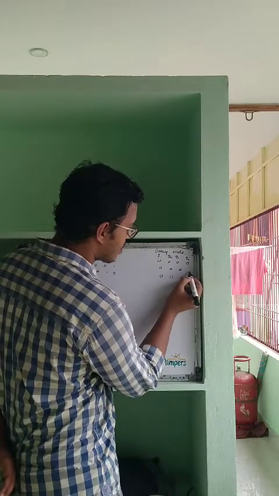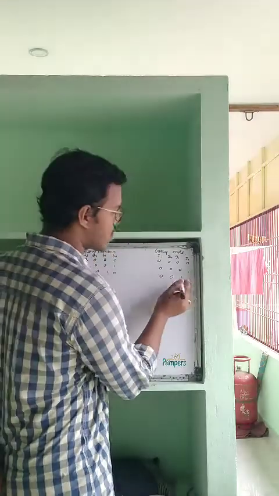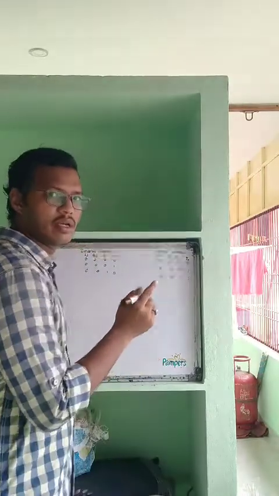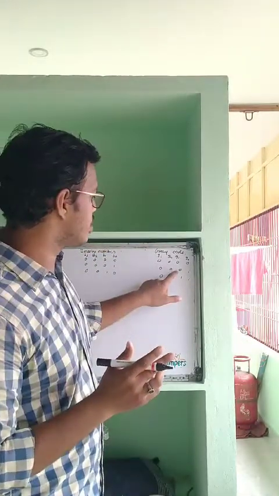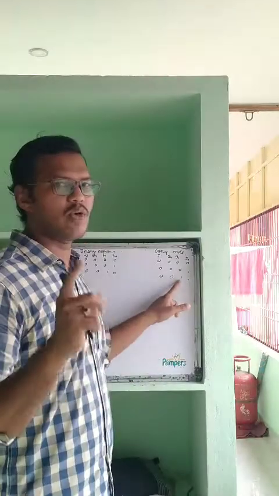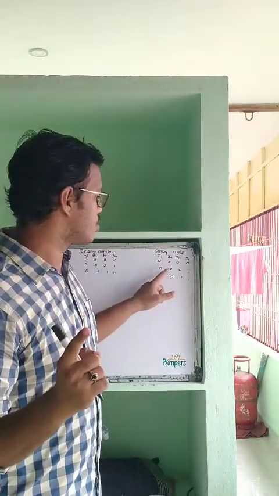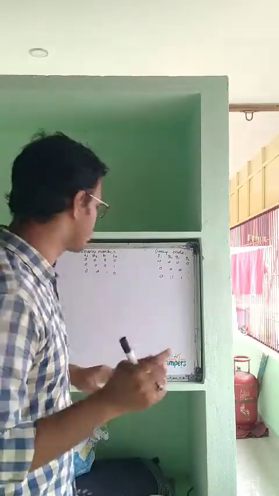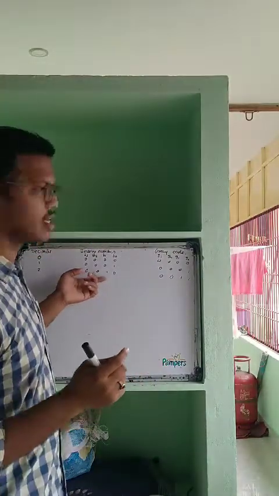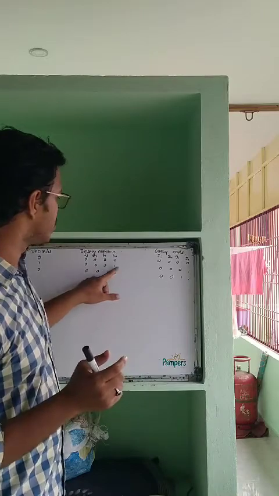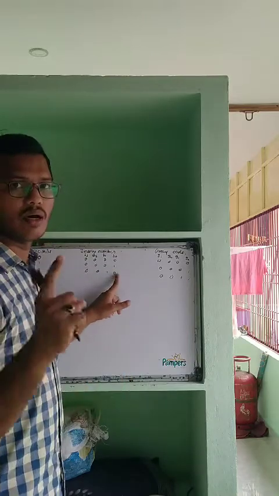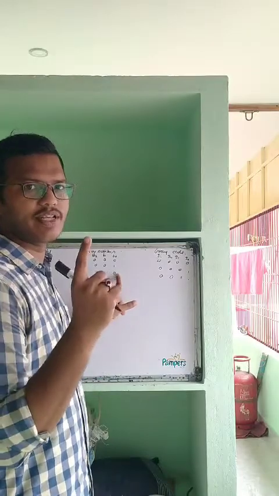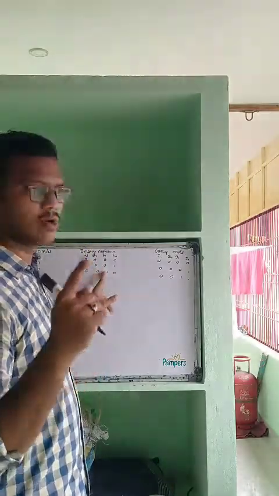If you see in the gray code, 0 0 1 1 is not changed, 0 0 0 1 only one bit is changed, 0 0 0 0 one bit is changed. When it comes to the binary number system, 0 0 1 0, how many bits? One bit is changed. 0 0 0 1, one bit is changed.